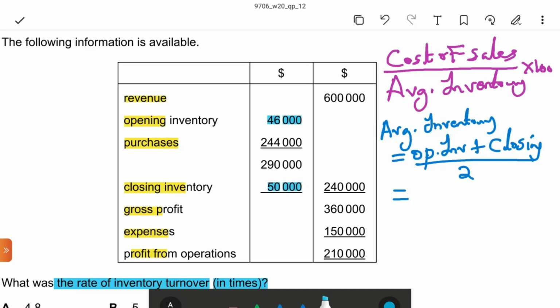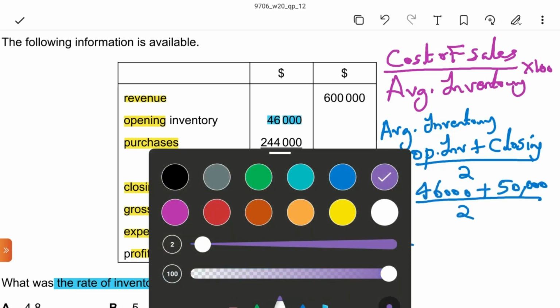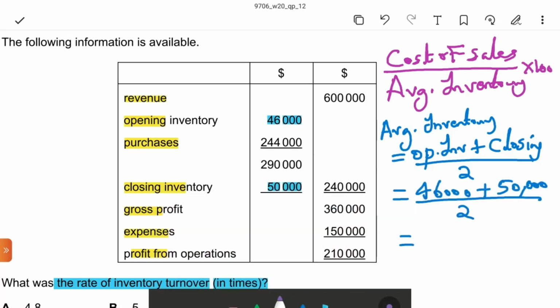So, 46,000 plus 50,000 divided by 2 is equal to average inventory. 96,000 divided by 2, 48,000 is the average inventory.